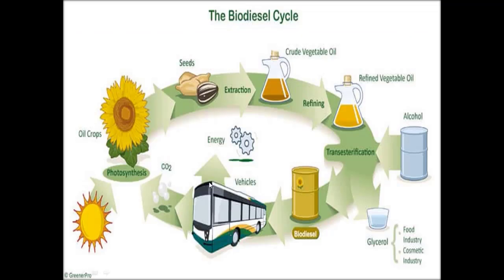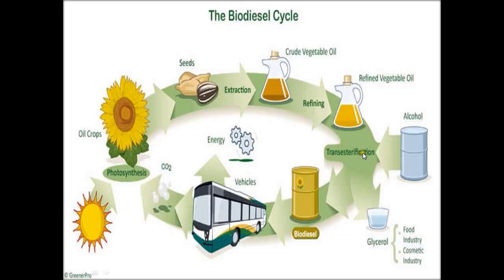Here we can see how the cycle continues for biodiesel. From the sun, the plant or the sunflower, the process of photosynthesis happens. We get oil crops and oil plants, and we can also extract the seeds. From the crude vegetable oil, when you refine it, you get trans-esterification.